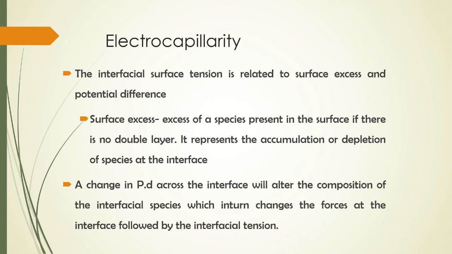That is, electrocapillarity is the phenomenon which connects both surface excess and potential difference. So what is the surface excess? We already have seen the surface excess originating at the electrode-electrolyte interface. Surface excess is the excess of that species present at the surface compared to when there is no electrical double layer.